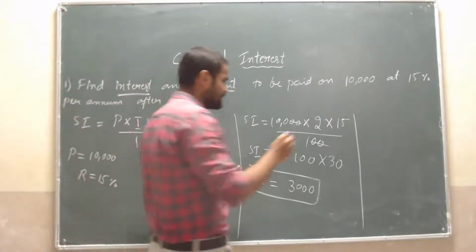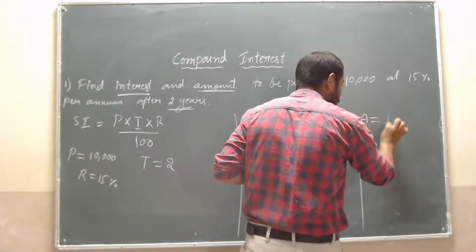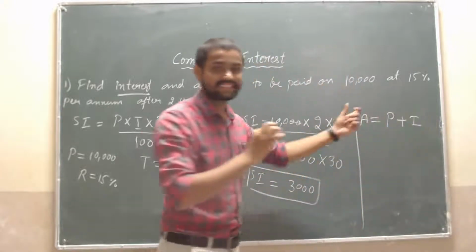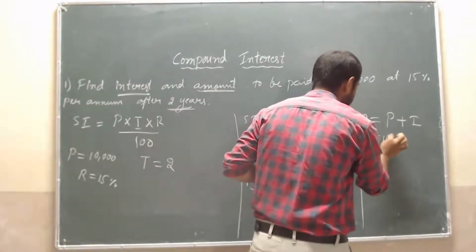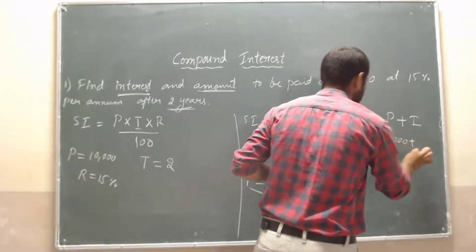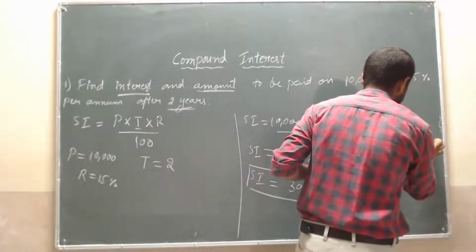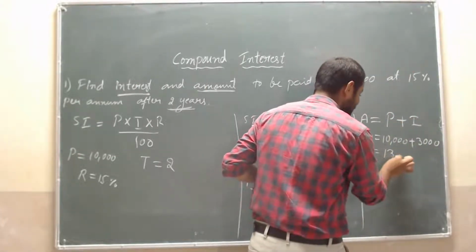Is it clear? Amount A is equal to principal amount plus simple interest. Principal amount is 10,000 plus interest 3,000. Then amount is equal to what, students? That is 13,000.